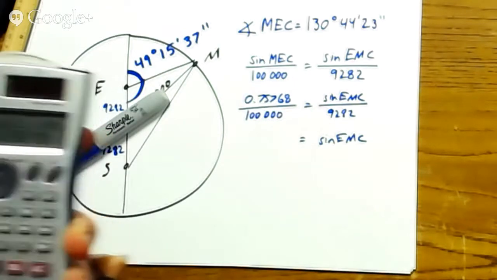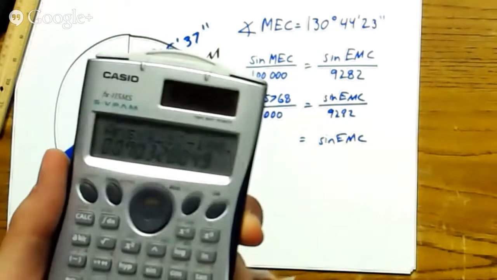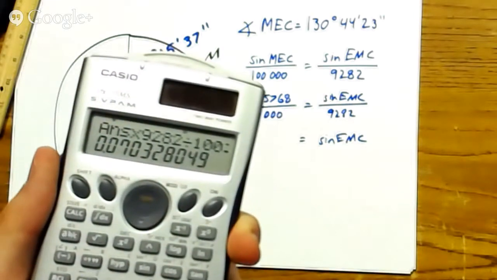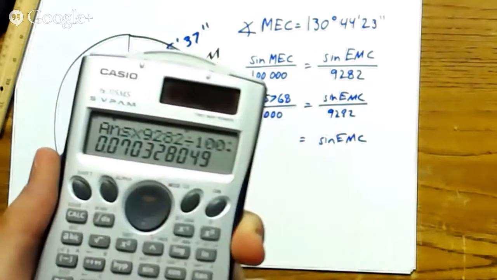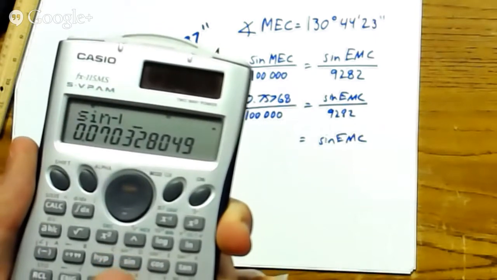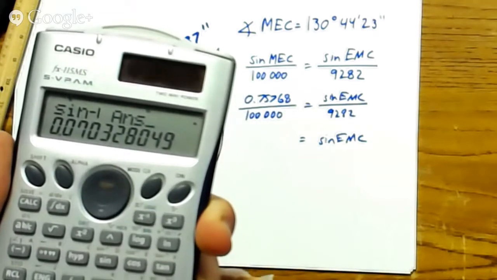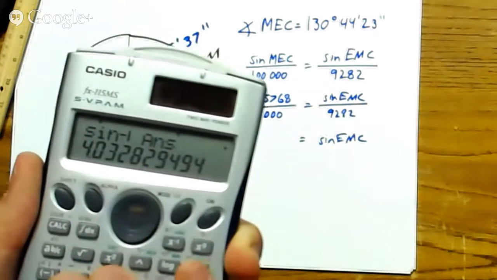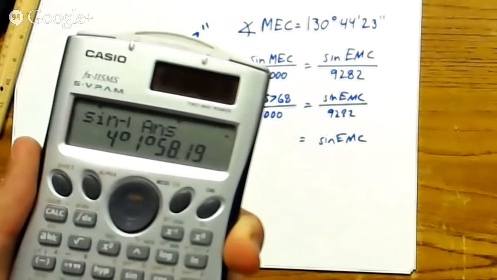Another great thing about having a calculator is you don't need a fancy computer. Now I got this number of 0.07. To do the inverse sine, I push the second button, the sine with a -1, and ask for the inverse sine of that last answer. Equals. That gives me the degrees, and I can push the degree, minute, second button, and it turns into degrees, minutes and seconds, which is really handy.